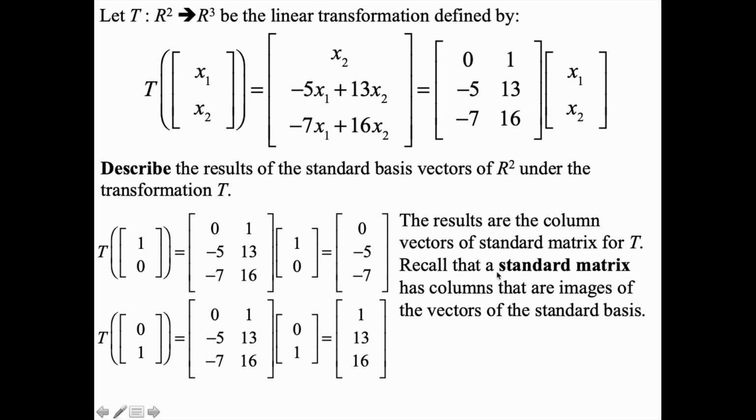And again, please recall the definition: a standard matrix has columns that are images of the vectors of the standard basis. So when you're dealing with the standard basis vectors from one space to another, a transformation on those standard basis vectors simply creates the column vectors of the transformation matrix that we need.